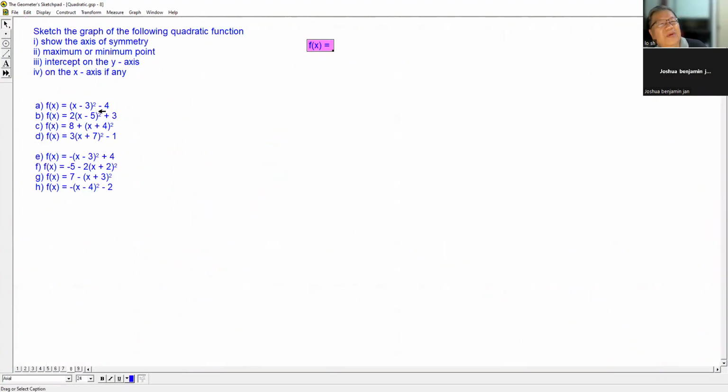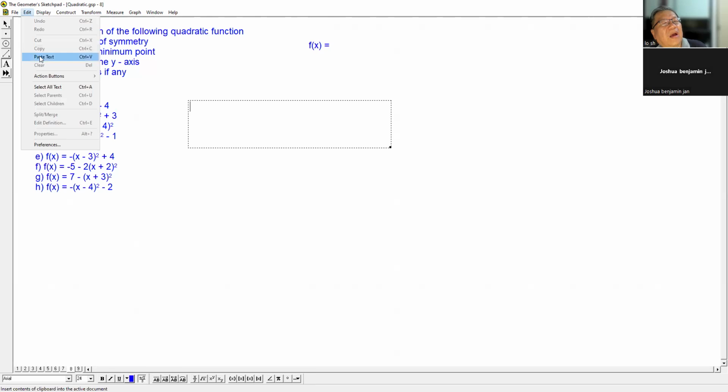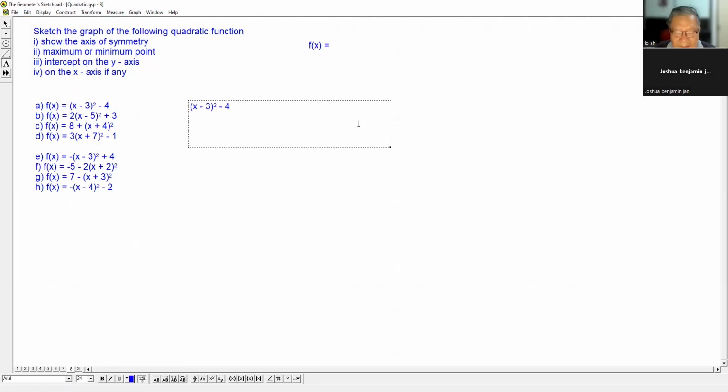Now let's say I have this equation here. Just copy this. Let's say this is a quadratic equation. Let's call it f(x) first.